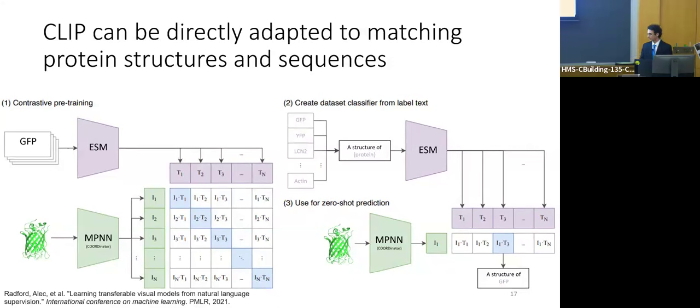But both models are based on a 2019 model from John Ingraham at MIT, and it basically takes the backbone of the structure. It translates that backbone into a graph based on nearest neighbor connections in the backbone of the protein, and then it runs a message passing neural net on that graph, and that generates per-residue representations of the backbone of the protein.